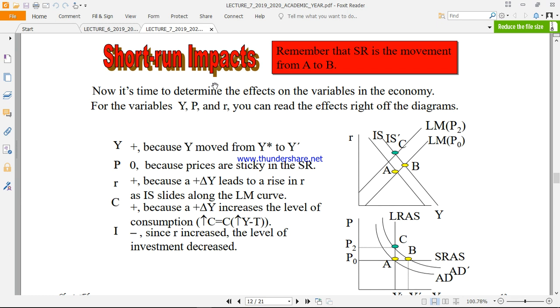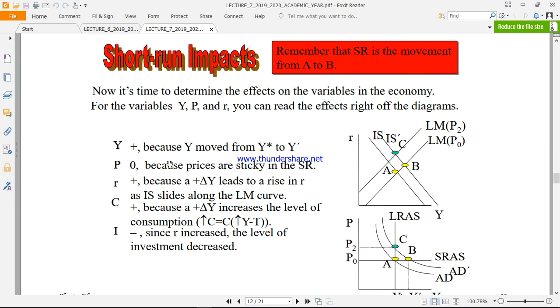It's trying. Okay? So what we are seeing is, because of an increase in government expenditure, output is going to increase. That is in the short run. Let's look at the effects of this same increase in government expenditure.